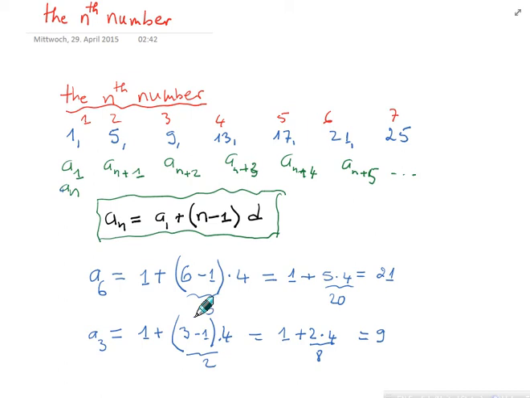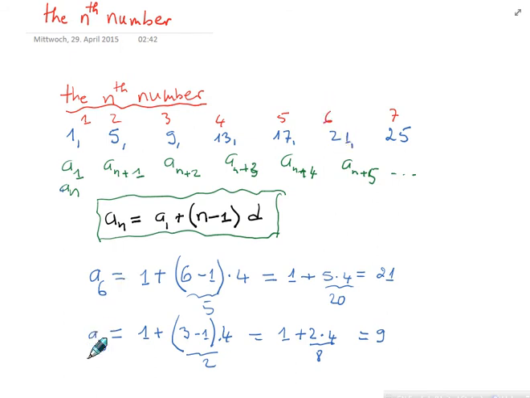To get this 5, we say we've already taken 1, so of the 6 terms we subtract 1 from the 6th term, and we still have 5. Then we have 1 plus 5 times 4, which gives us 1 plus 20 equals 21. And this is exactly the number written at this position.